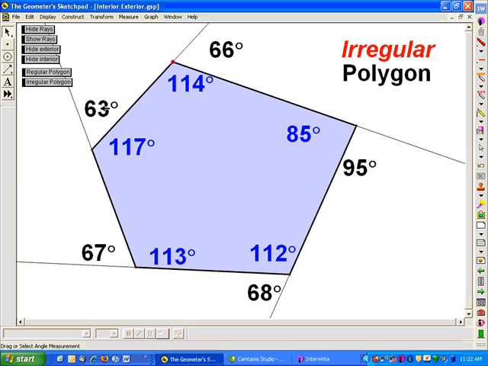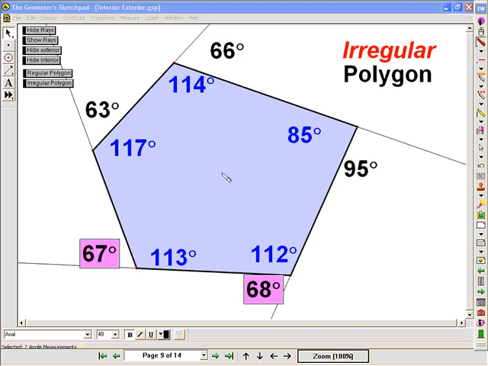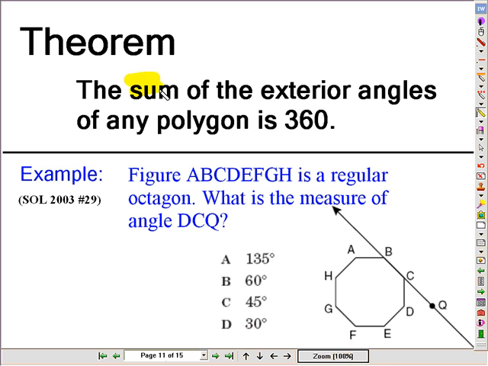There's not one rule about the size of an individual angle here, but if we were to take all of these angles and add them up, you'd find a very important fact, that the sum of these 5 angles is 360 degrees. So again, the theorem says the sum of the exterior angles of any polygon is 360 degrees.